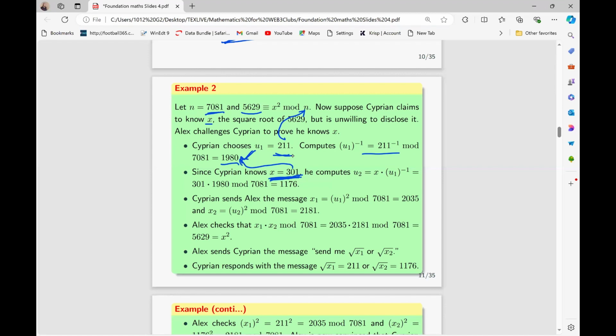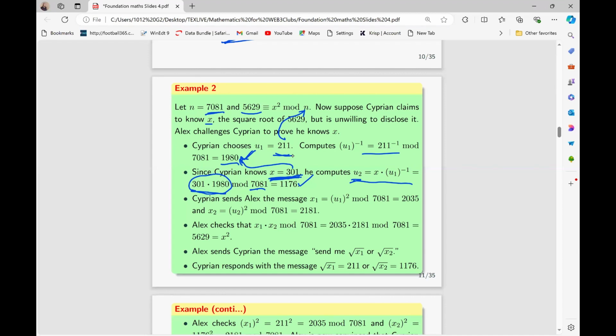That product is supposed to give you u2. Of course, when you multiply, you are doing it mod 7081, so get this product, divide by 7081, and get the remainder. This remainder is u2.